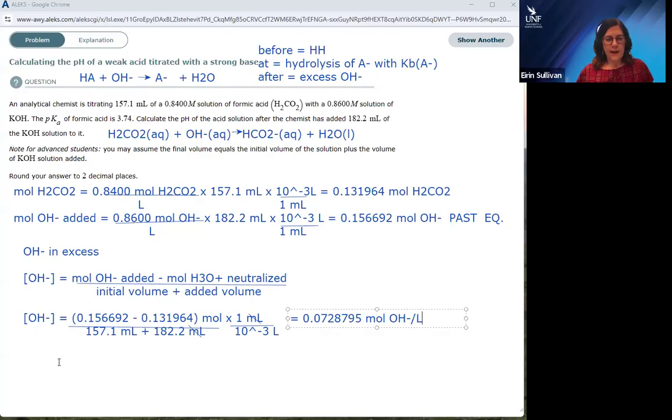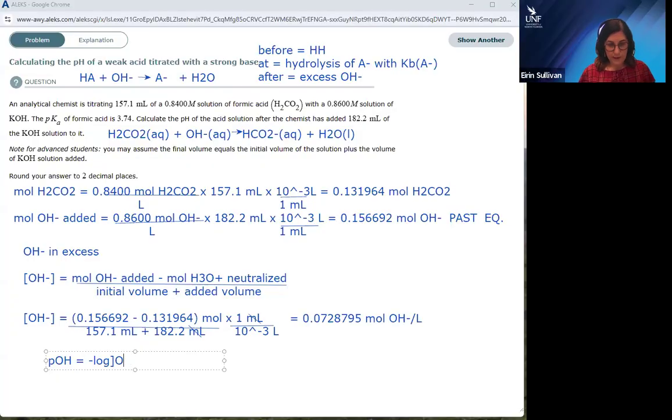We're asked to calculate pH. So just remember, we calculate pH from minus log of the concentration of H plus. There are two ways you can do this. We can use Kw to convert concentration of hydroxide to concentration of hydronium, and then calculate pH from minus log of the concentration of hydronium. I like to do it this way: calculate my pOH from minus log of the concentration of hydroxide.